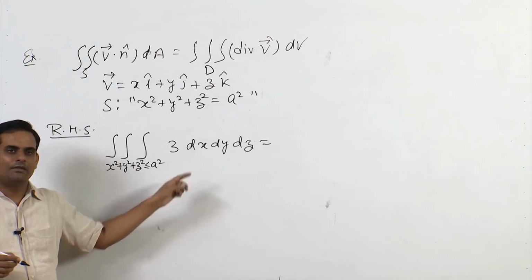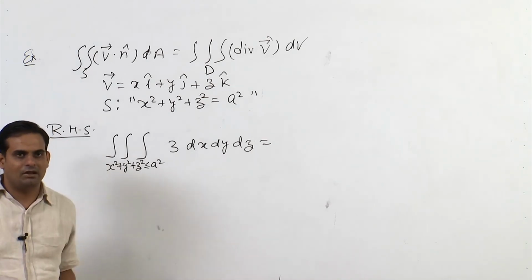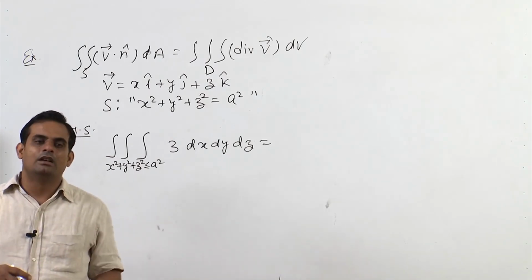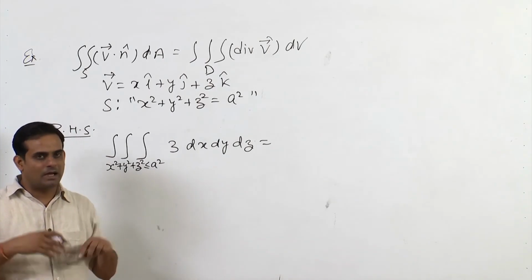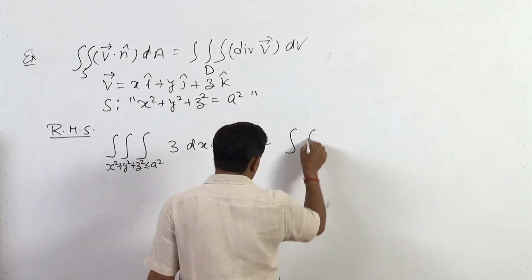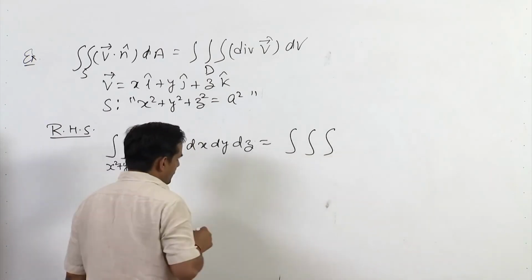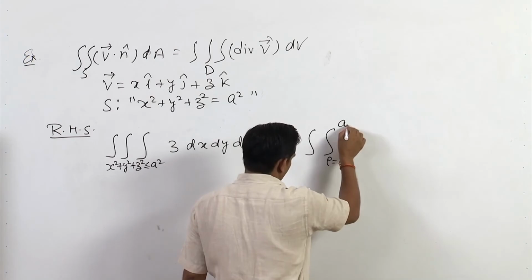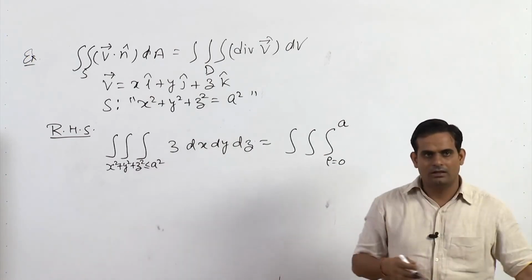So, better to convert the multiple integral. We know whenever we have to evaluate some multiple integral over a spherical region, it is better to change it into spherical coordinates. So let me do it. So for a given sphere, rho will go from 0 to a, that is the radius of the sphere.